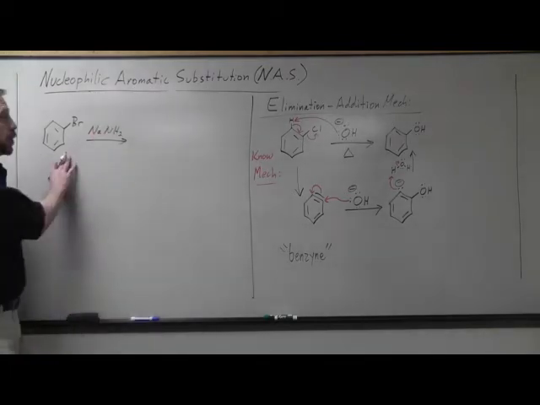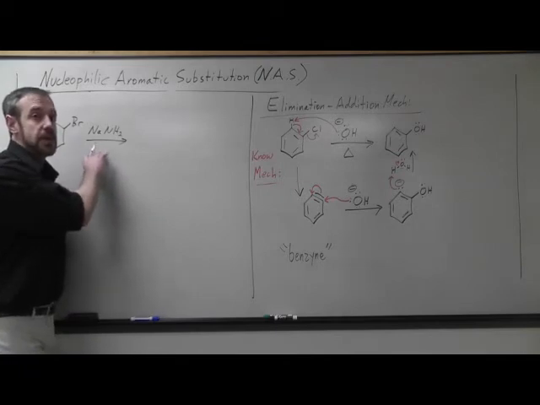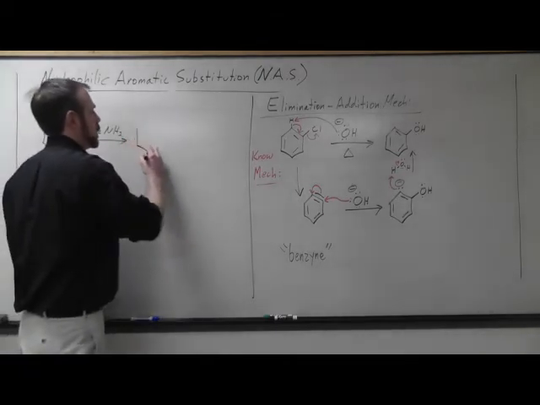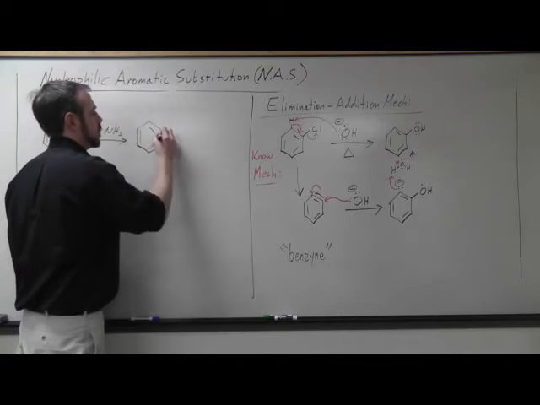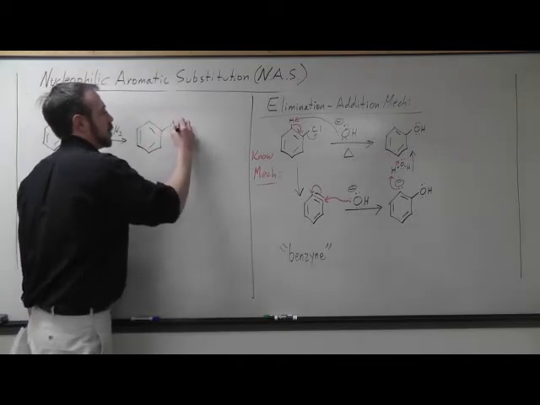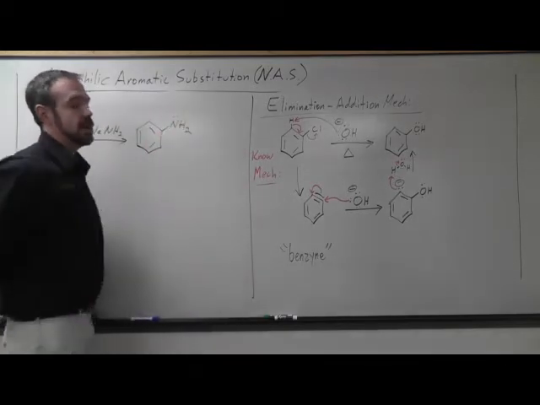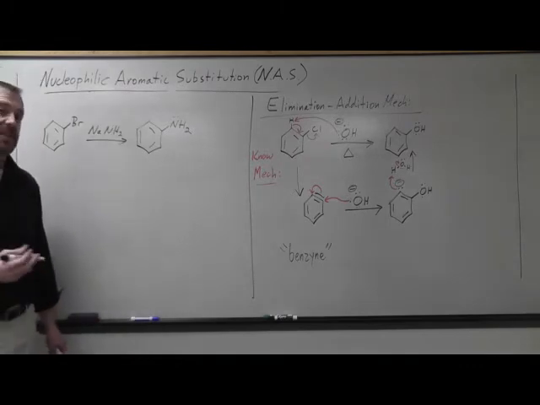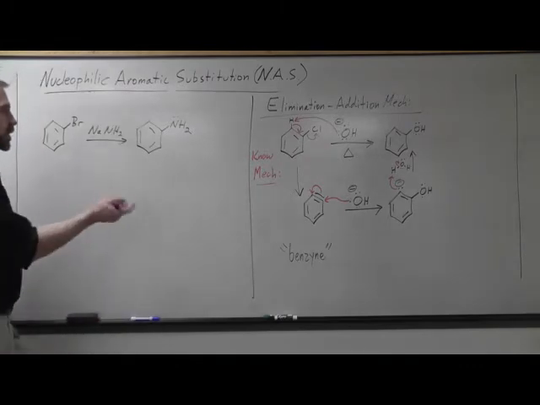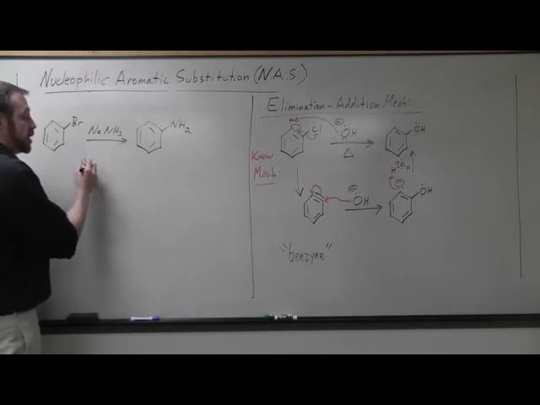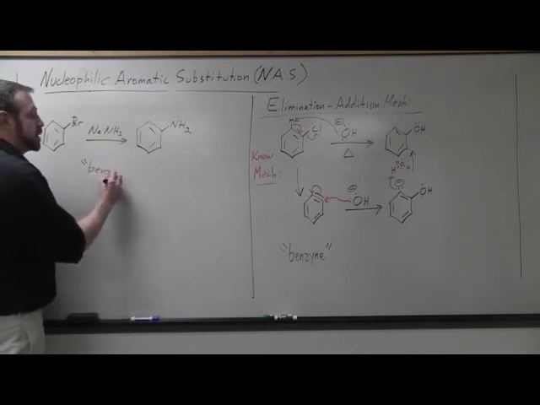For example, bromobenzene can react with sodium amide to make aniline. And so we have another pathway to aniline that does not involve a nitro group. The reaction is the same thing. You should draw out this mechanism for practice. It's a good one to practice.